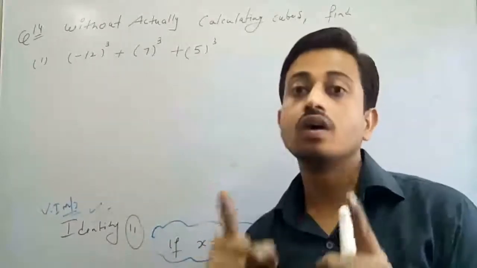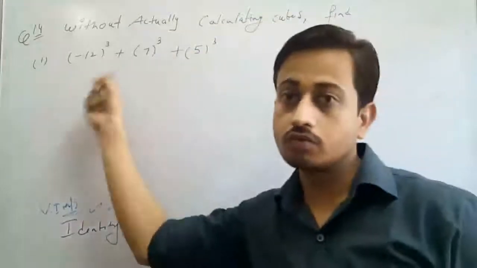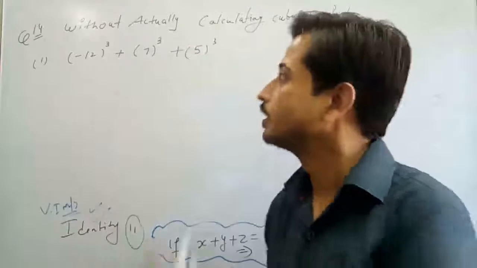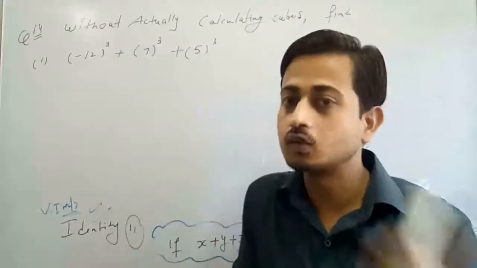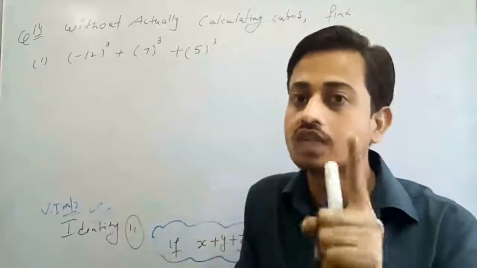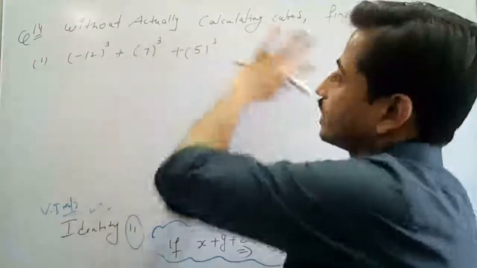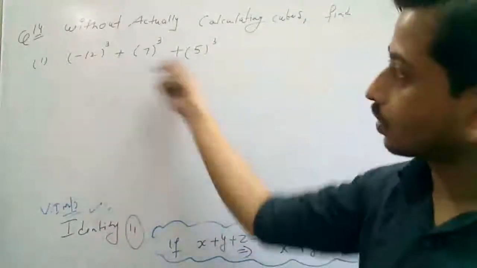You don't have to find the cube. Find the solution of this. So you never do 12 into 12 into 12. That one is the wrong method because you never use the multiplication rule. So without actually calculating the cube, you have to solve this.